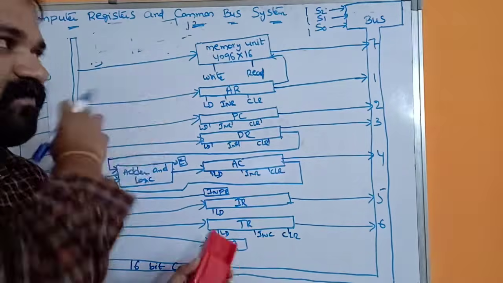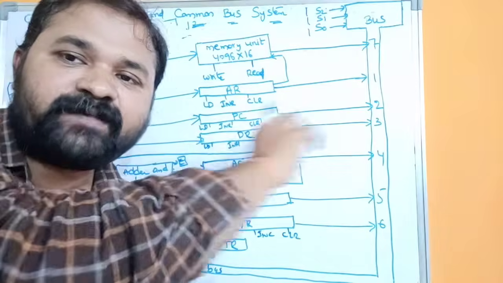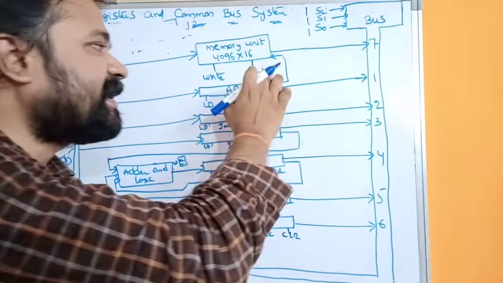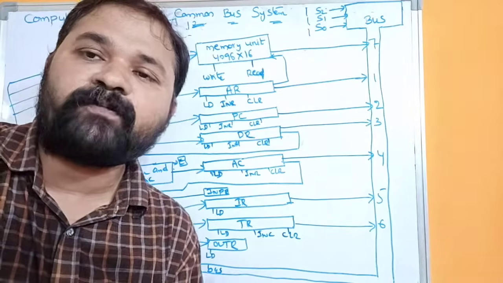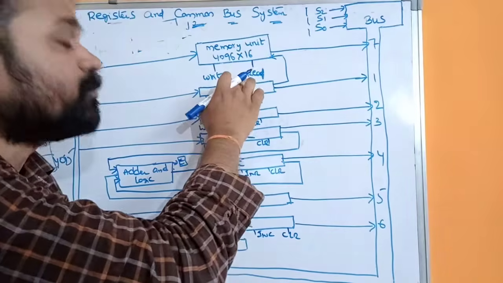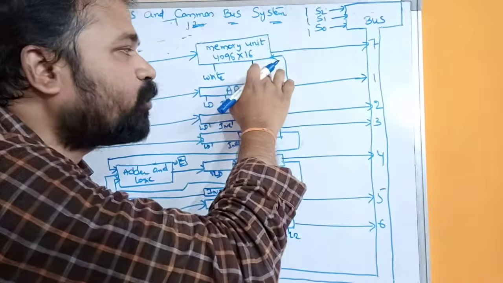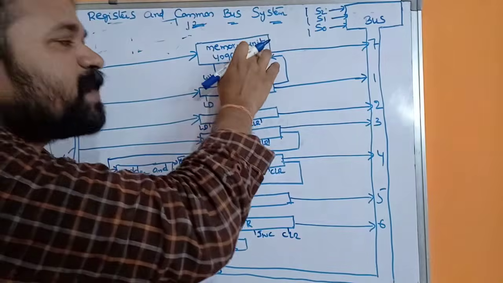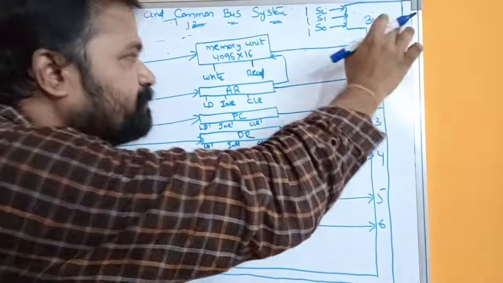Then after that, with the help of the bus, that information can be transferred to the register. So here read means transferring the data from memory to register. These are nothing but control inputs. So whenever the read control input is enabled, then this memory unit information will be placed on the bus.